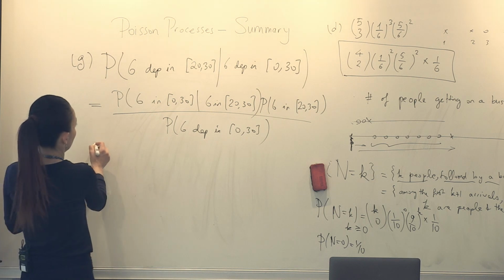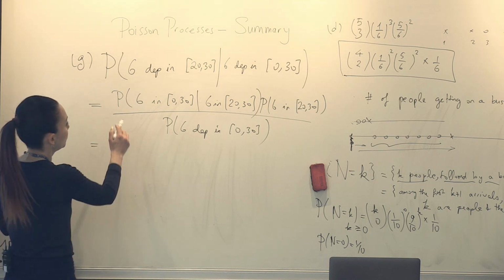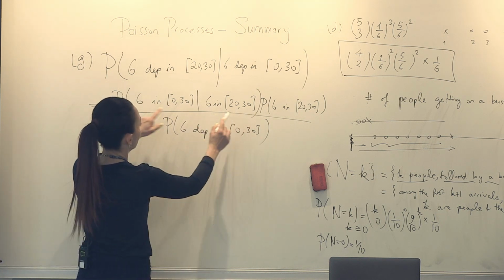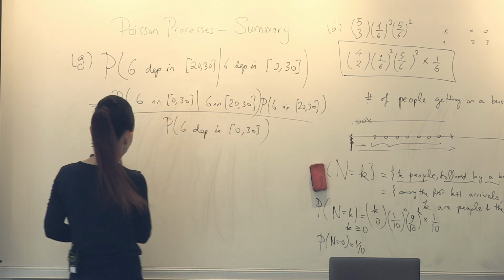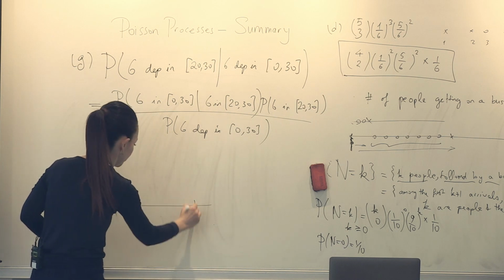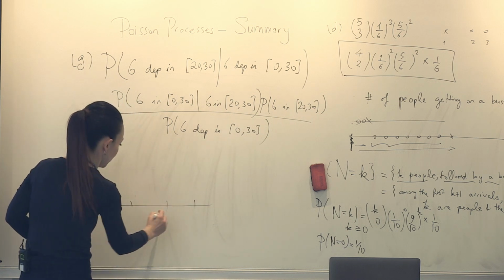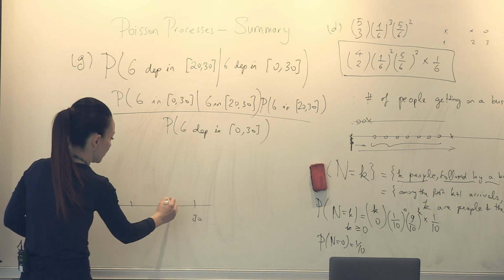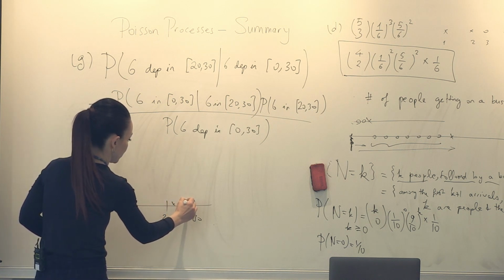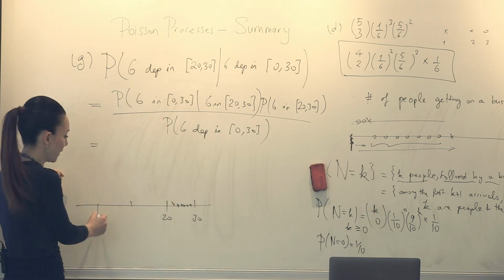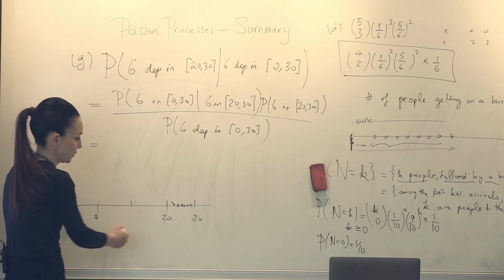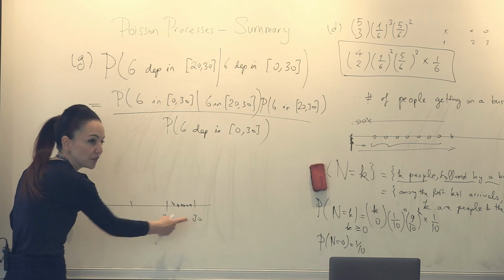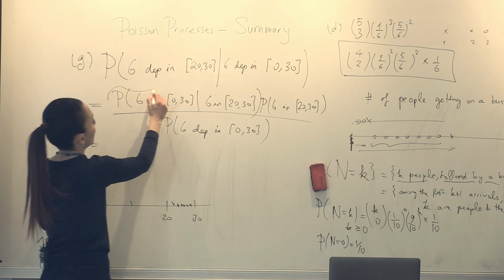Now, what is this first term? Given that there are 6 departures in the interval from 20 to 30, it is guaranteed that there are 6 departures in the bigger interval that includes that, right? So this is then 1.